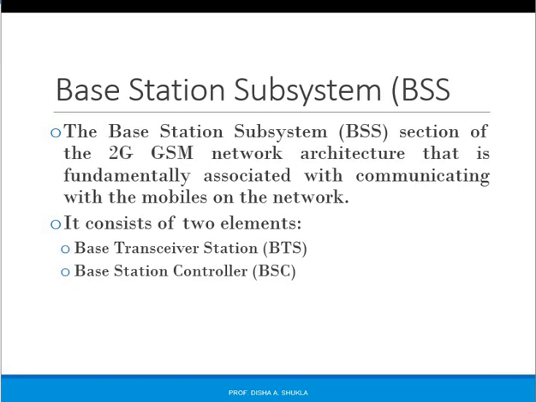The base station subsystem element of the GSM network utilizes the radio access technology to enable a number of users to access the system concurrently. Now, each channel supported up to 8 users, and by enabling a base station to have several channels, a large number of subscribers could be accommodated by each base station.